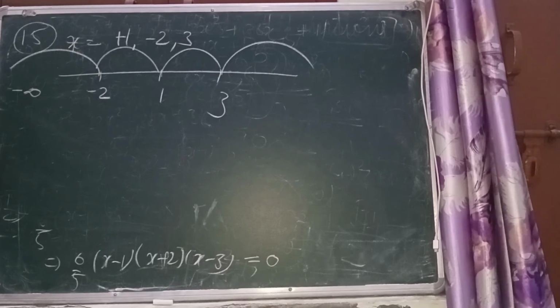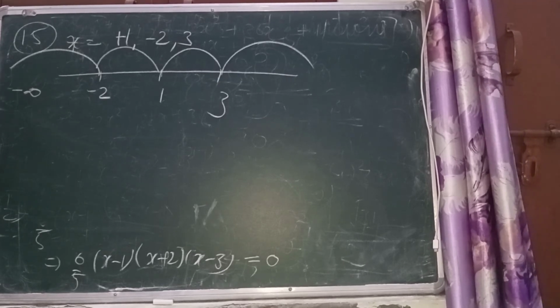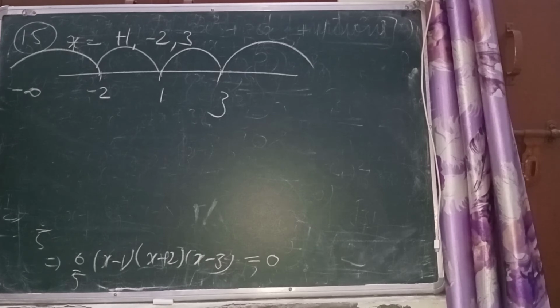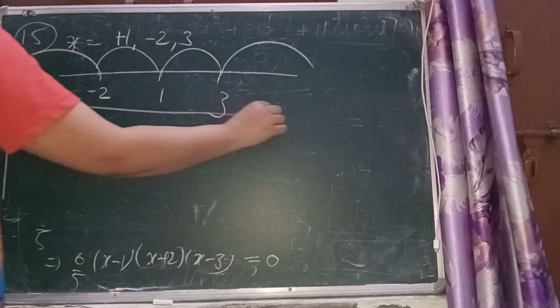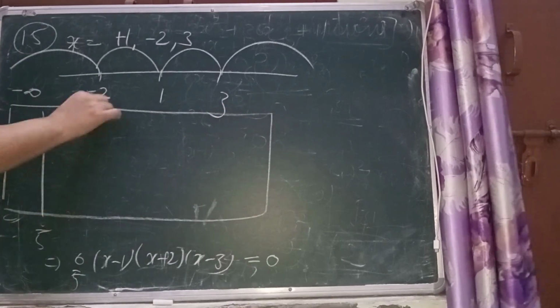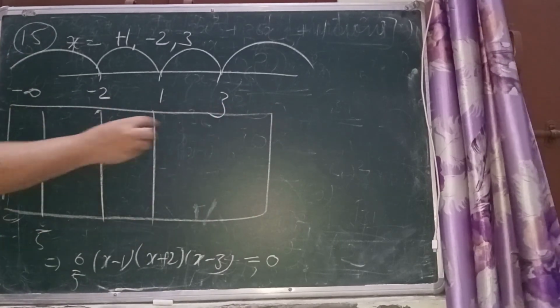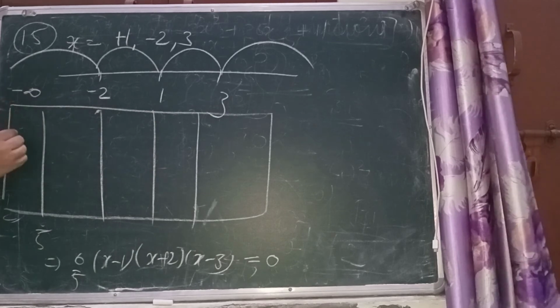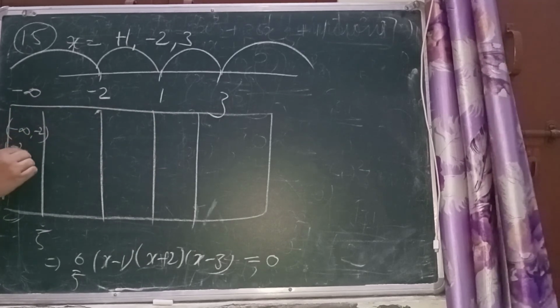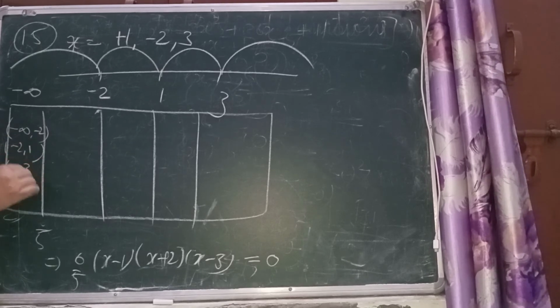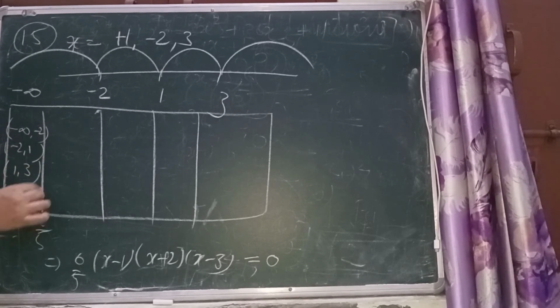Then what we have to do? For these 4 intervals, we have to find out whether our function is positive or negative. So first of all I am writing my intervals here: minus infinity to minus 2, minus 2 to 1, then 1 to 3 and 3 to infinity.